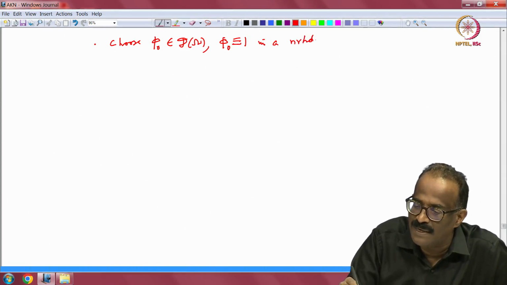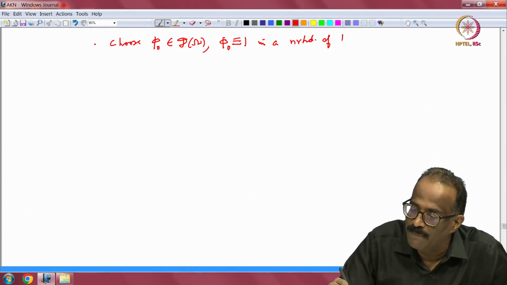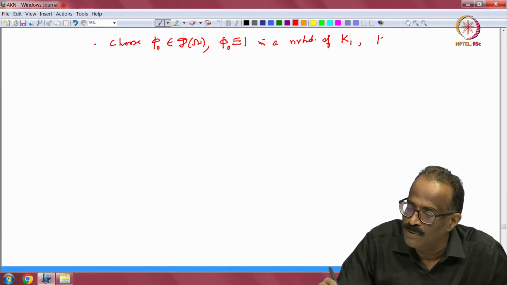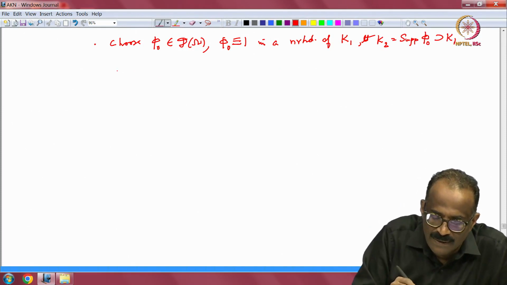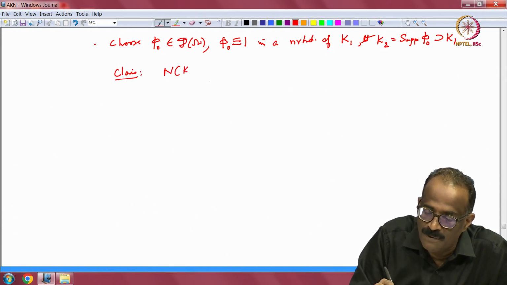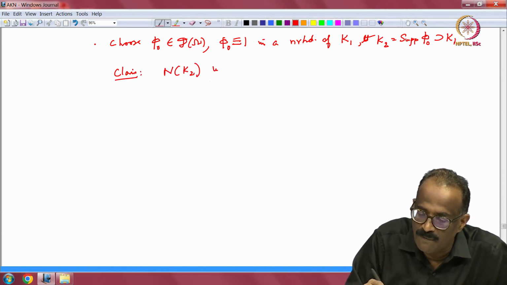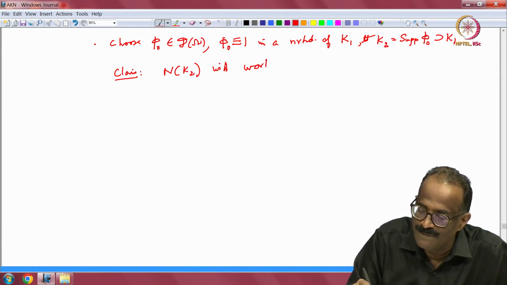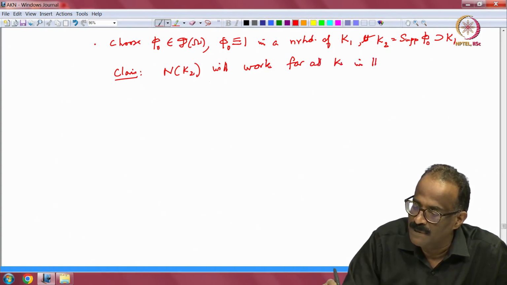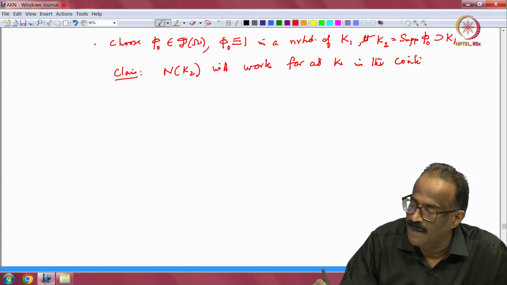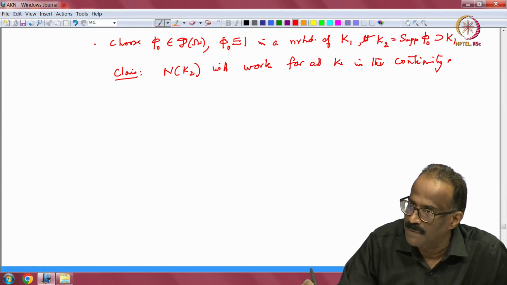This is exactly what I said, to get that bigger neighborhood of K1, and call it K2, let K2 be equal to the support of phi naught, and of course this is contained in a neighborhood of K1, and the claim is that N_K2, that is fixed, N_K2 will work for all K in the continuity estimate, that is all you want to prove.